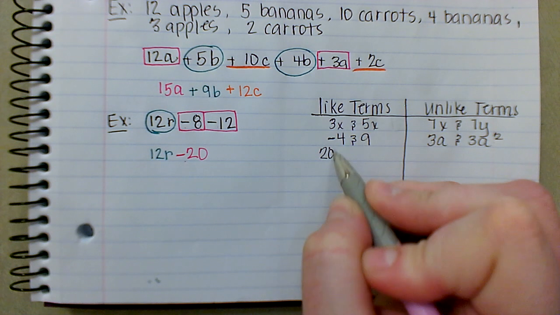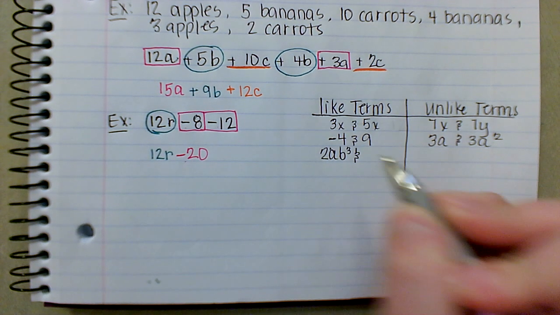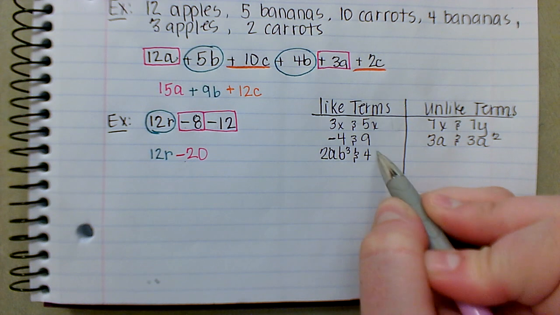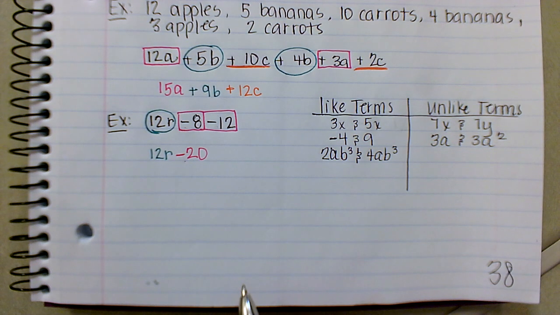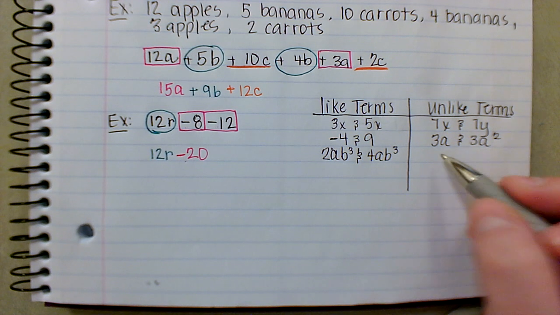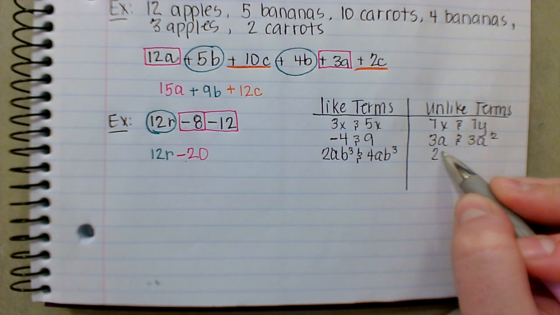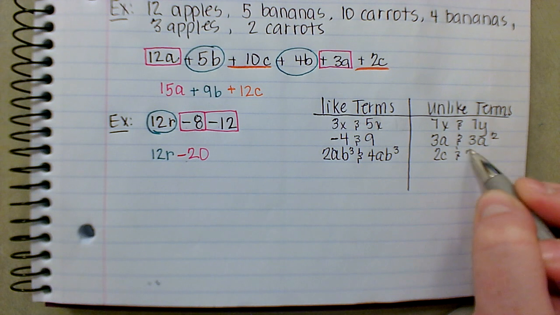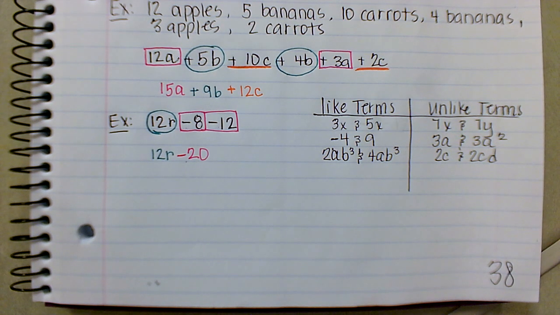So, for instance, if you have 2ab to the third power and 4ab to the third power, you can combine those two. But if it's missing part of the variables, such as 2c and 2cd, you cannot combine those.